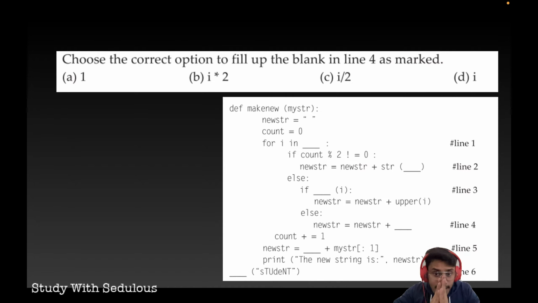In the sequence when we are going, for i in my string, which is student, S comes, and count is equal to 0. So if, what is the answer for if?